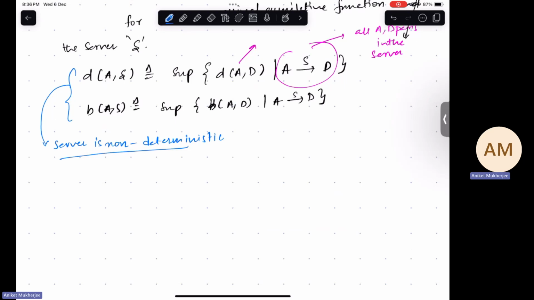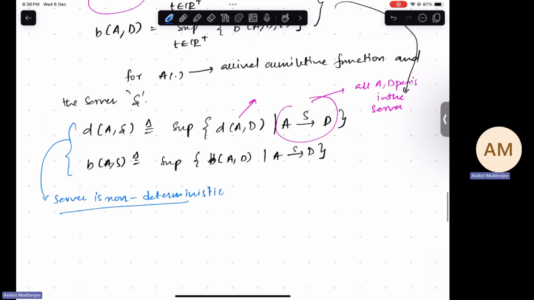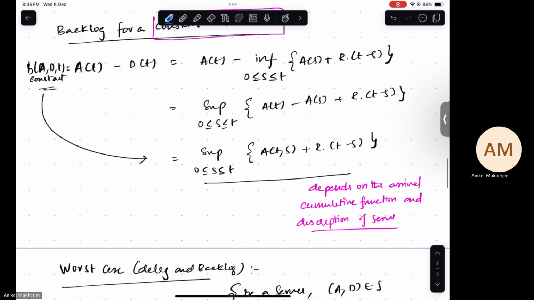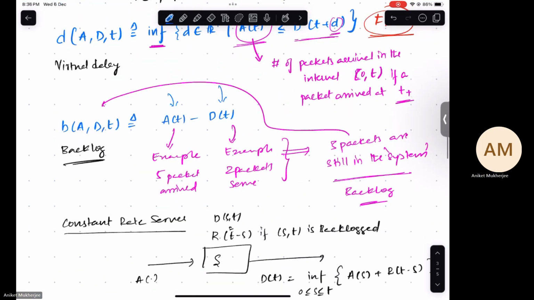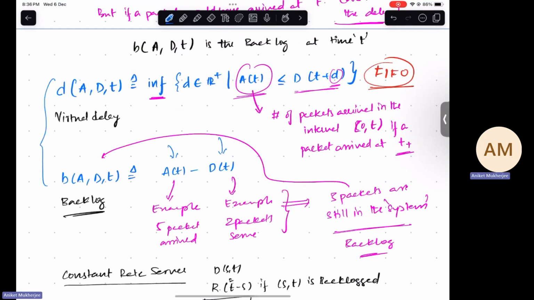So basically what happens is delays and backlogs at time t. These two functions at time t can be interpreted as deviations between A and D. So this is the vertical deviation. This is the horizontal deviation.